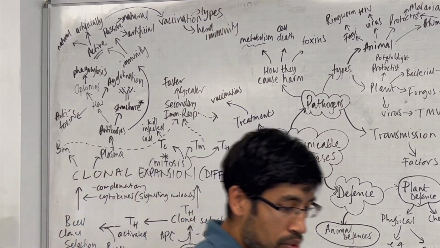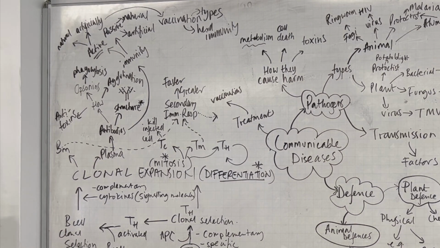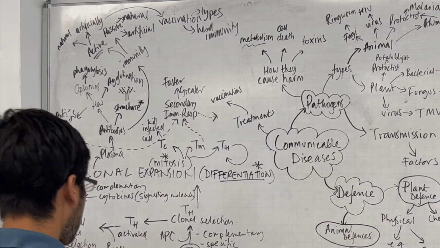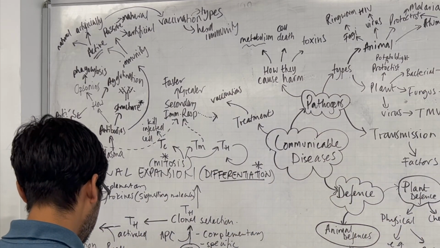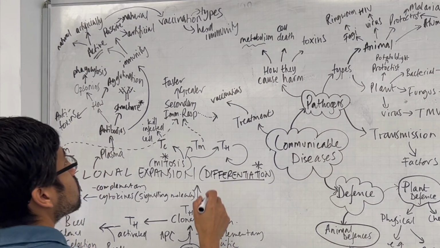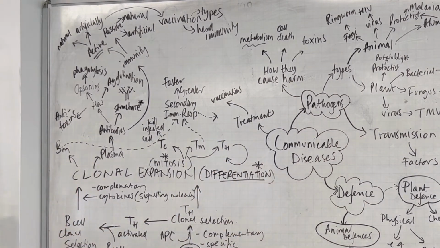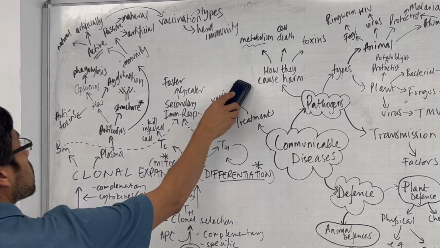Right, am I still on the board? I think at this point it doesn't matter, everything's too small. All right, okay. Yeah, and that then takes us to treatments, like non-vaccination treatments.